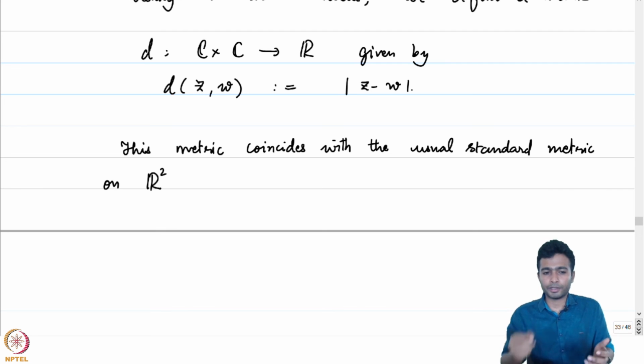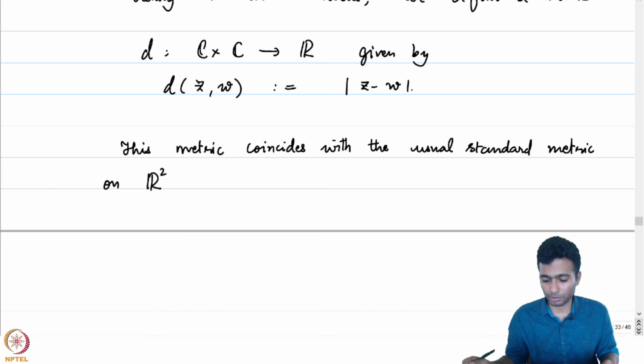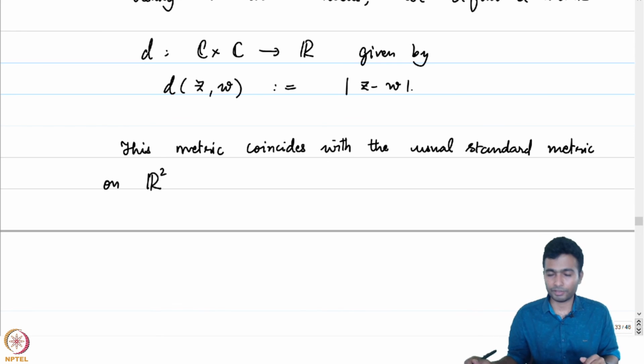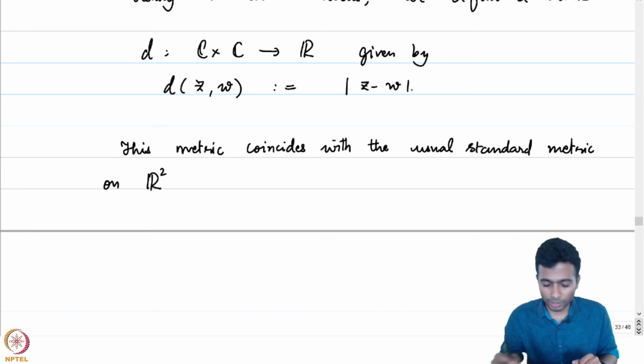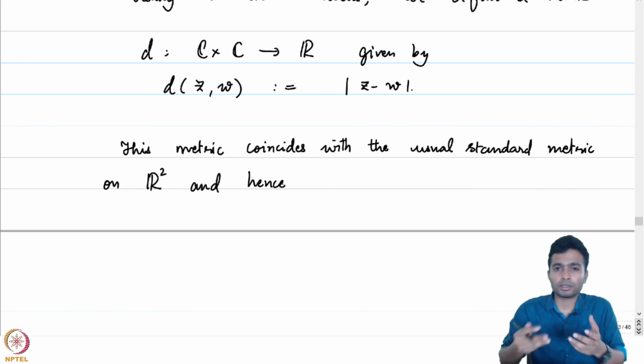What was the standard metric? d of (x1, y1), (x2, y2) is the square root of (x1 minus x2) the whole squared plus (y1 minus y2) the whole squared. You should check that this is exactly the metric d which we just defined will give us.